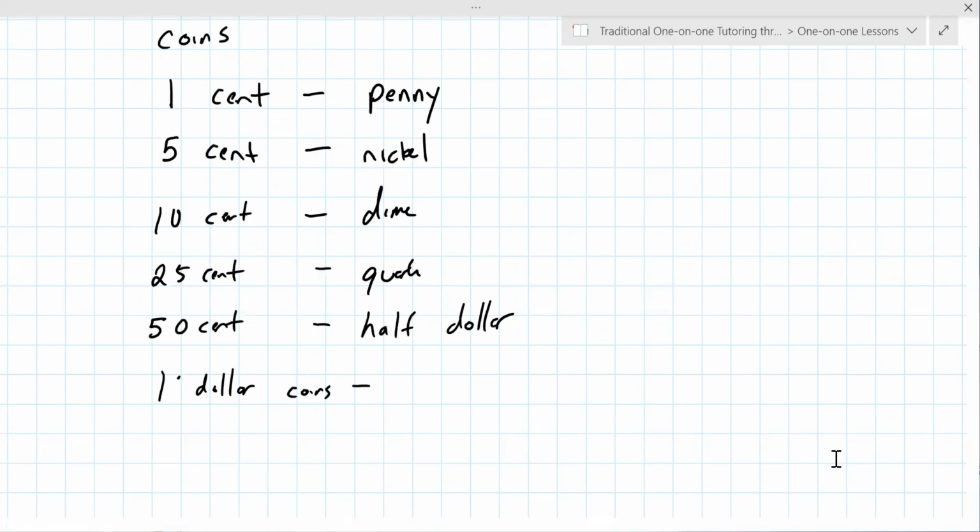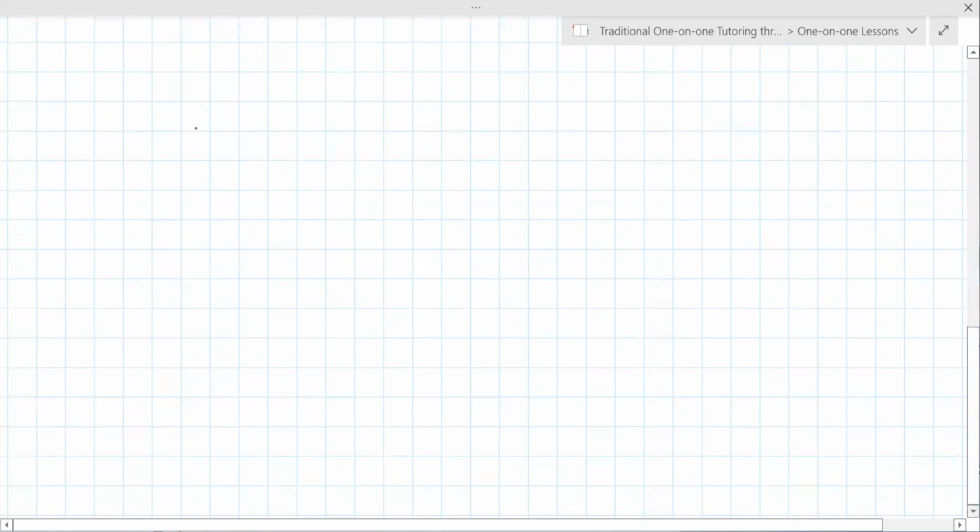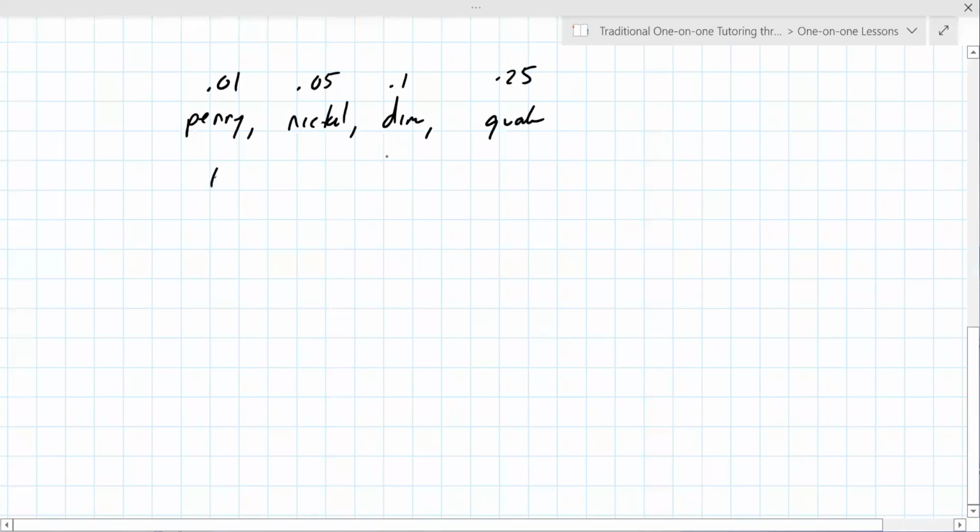Okay, so the most common types of coins that we have are a penny, a nickel, a dime, and a quarter. Penny is 1 cent, nickel is 5 cents, dime is 10 cents, and a quarter is 25. So you can think of it as 1, 5, 10, and 25.